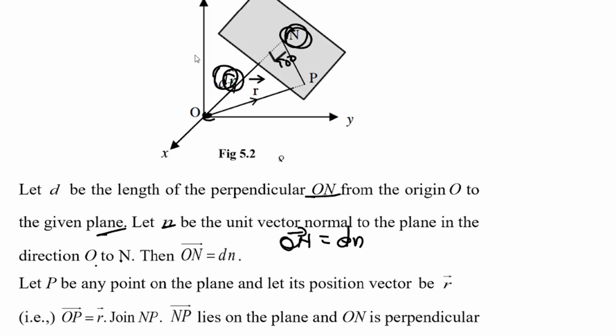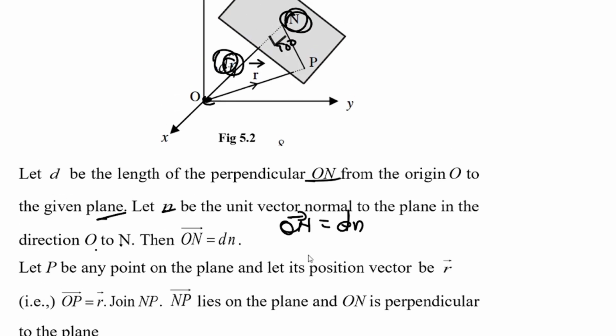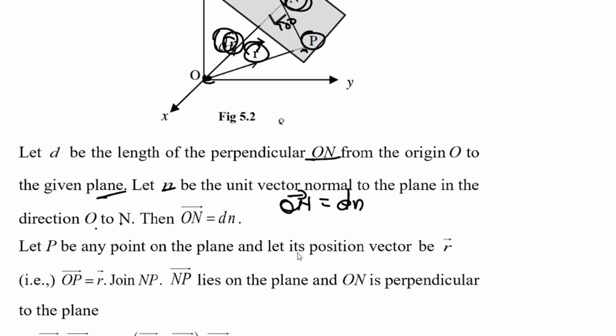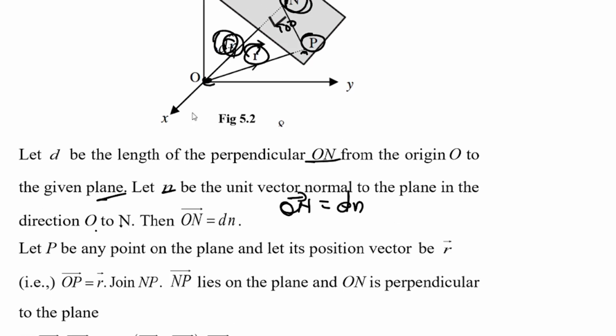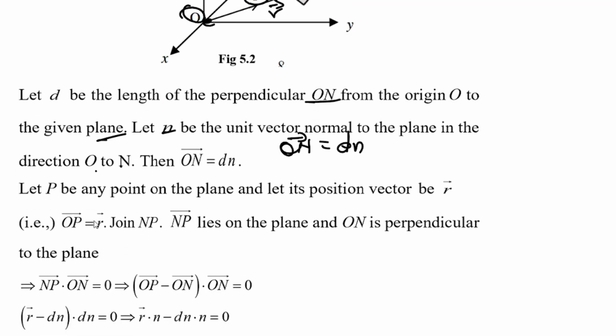So our ON is equal to Dn. So if P is any point on the plane and its position vector is r, then our OP, from the origin to here, is equal to r.